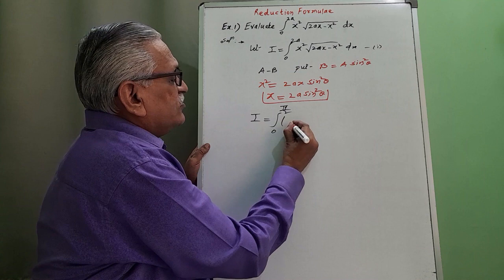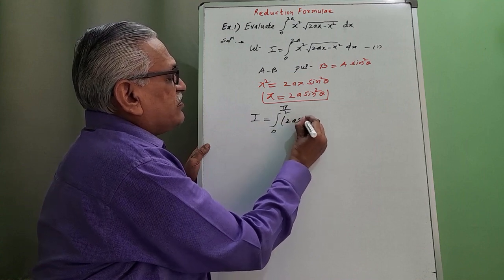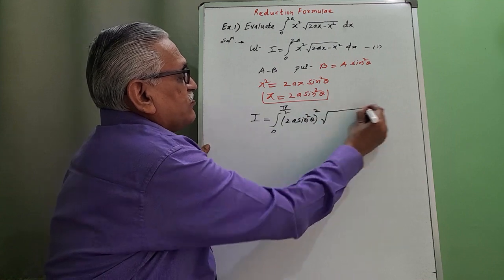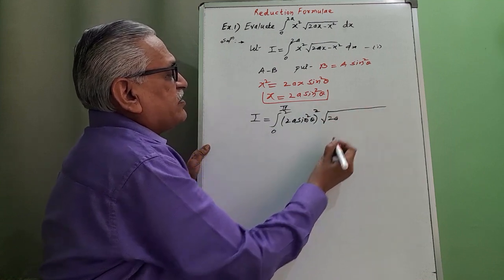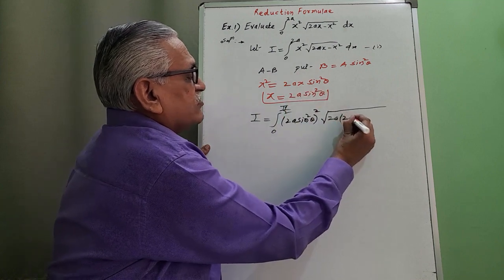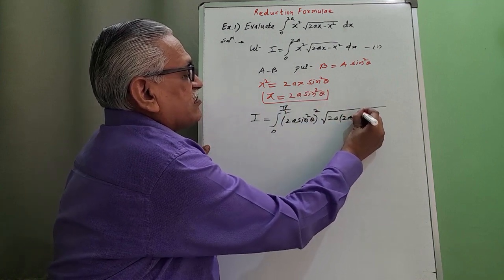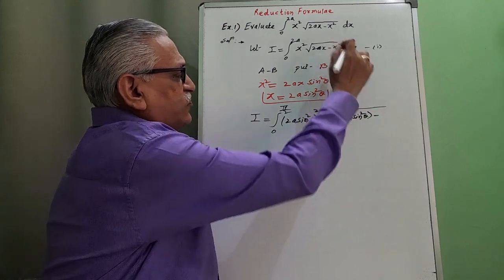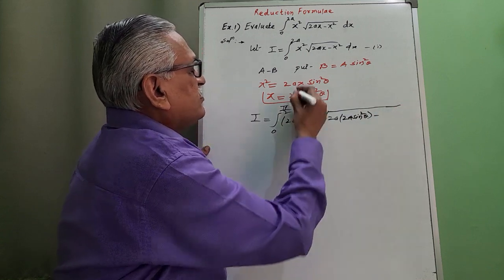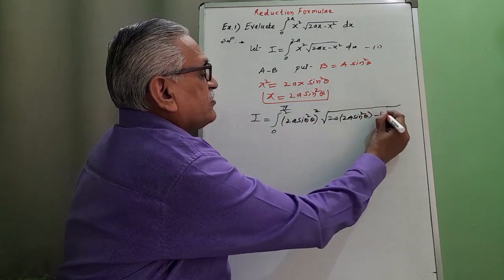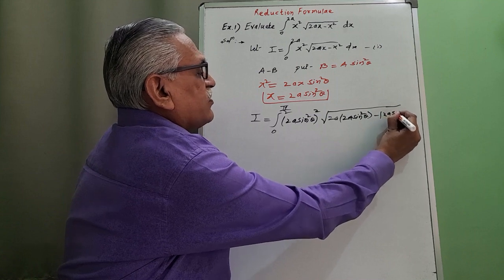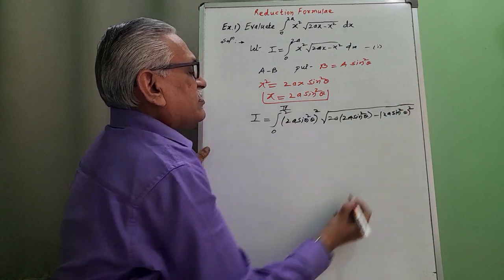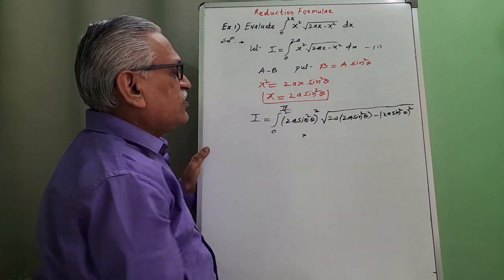Of x is 2a sine square theta, and its square root of 2a into x. The value of x is 2a sine square theta, and minus x square. The value of x square is the square of this, that is 2a sine square theta, square of it, into dx.